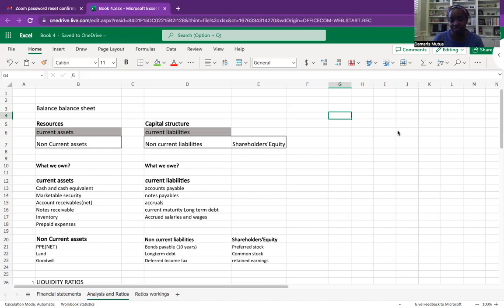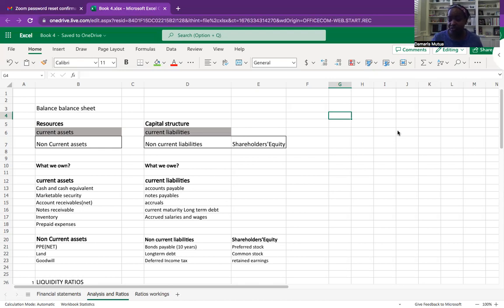Accounts receivable. We've sold on credit. We expect the debtors to pay us in the next operating cycle, and they should be reported net of provision. We know not all receivables will be paid. Some will default, so we need to provide for what won't be paid.